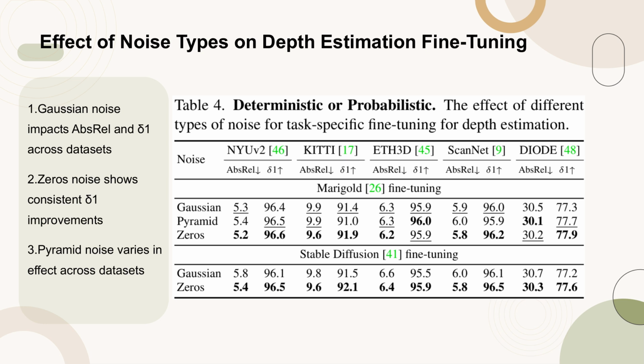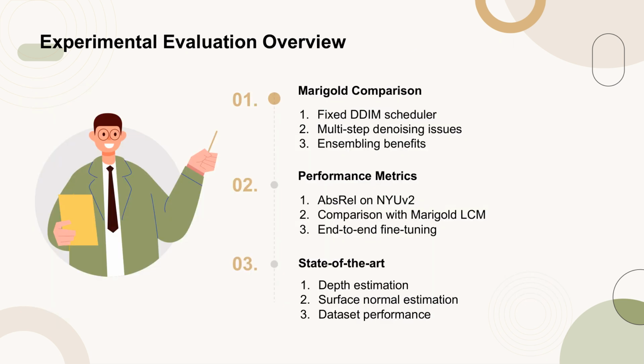In comparing with Marigold, the fixed DDIM scheduler reveals that Marigold's multi-step denoising is not effective. Instead, it worsens performance due to error accumulation. However, ensembling still offers benefits with at least 2 inference steps. Regarding performance metrics, the study shows that Marigold LCM performs similarly to vanilla Marigold with 50 steps on outdoor data but slightly worse indoors.